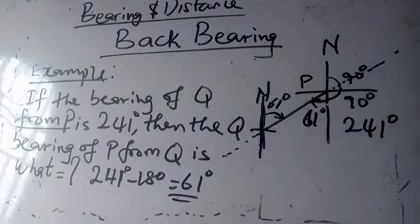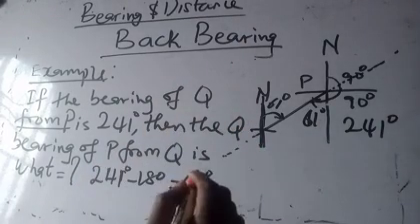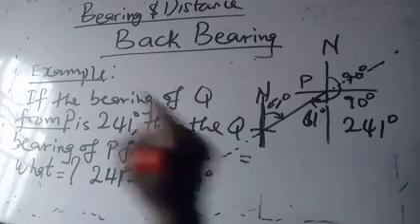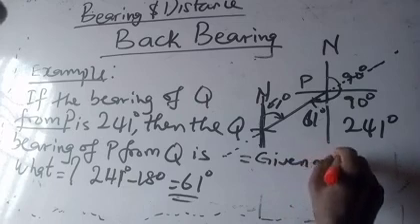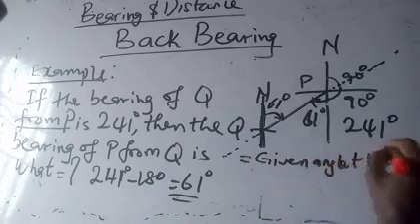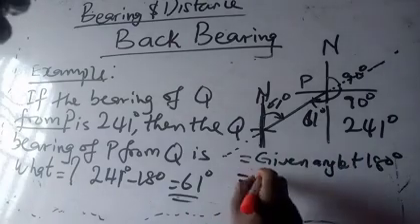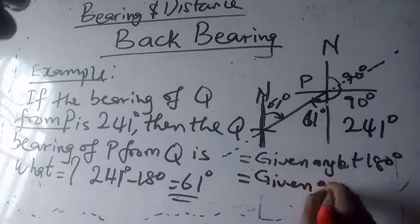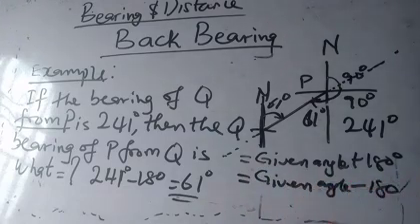So when you are dealing with back bearing, if the angle given is less than 180, the back bearing will be given angle plus 180. But if it is greater than 180, given angle or given bearing is going to be minus 180.